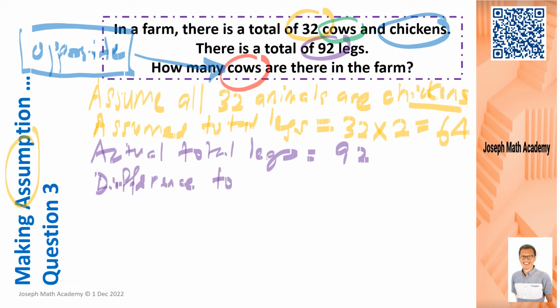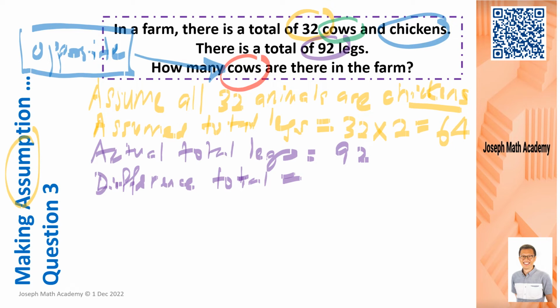So, meaning there is a difference in the total. So the difference in total is caused by what? Remember, if we assume all are chickens, that means there are some cows in the farm, but cows have 4 legs, remember? But we pretend all are chickens, so each cow must be hiding 2 legs.